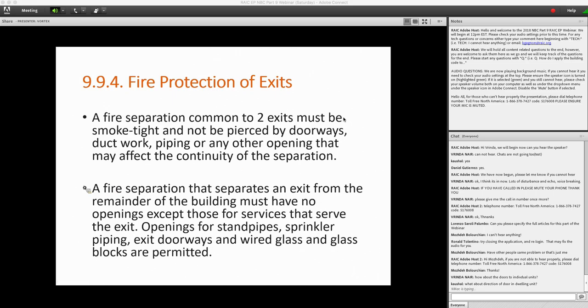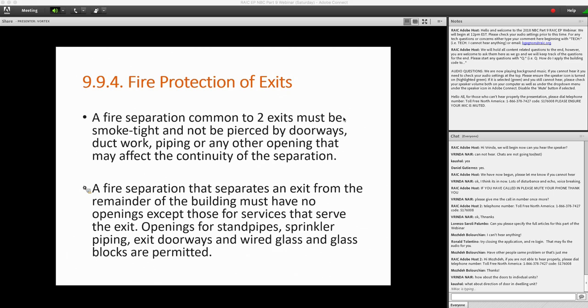A fire separation that separates an exit from the remainder of the building must also have no openings except for services that serve the exit. So for instance, if you have mechanical ductwork in the building, this ductwork cannot penetrate the fire separation for the exit unless these penetrations are actually serving just the exit.